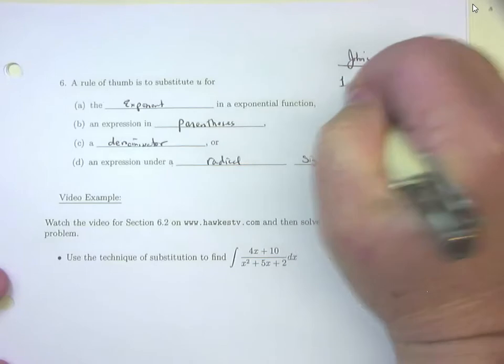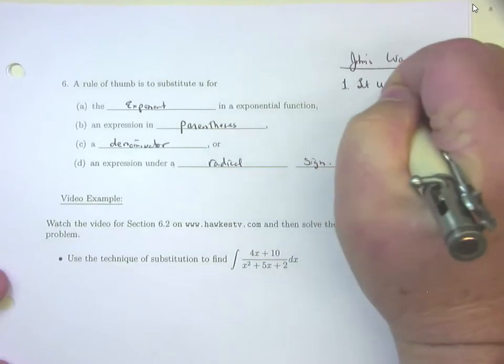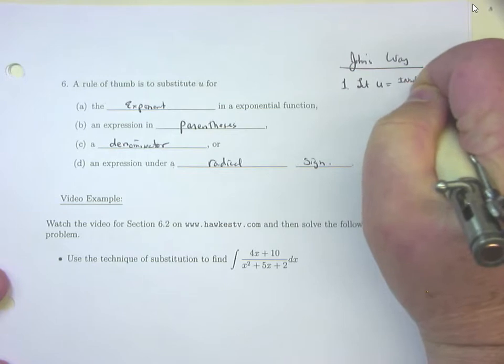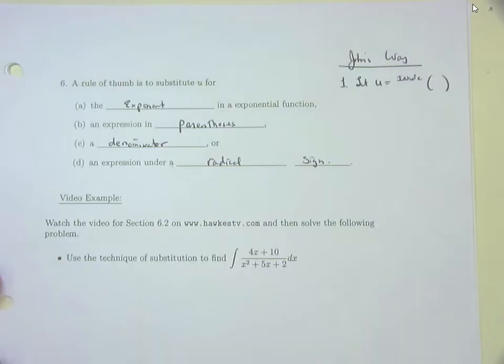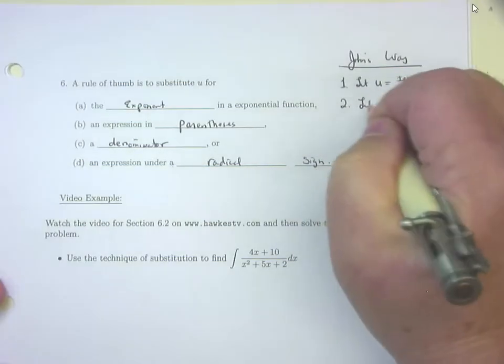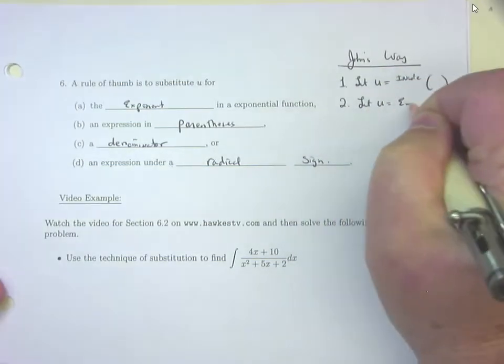Number one, I'm going to let u equal inside parentheses. I'm going to use my little code here. When I've got a parentheses in a problem, I'm going to let u equal inside the parentheses. That's traditionally the trick. Number two, I'm going to let u equal the exponent.